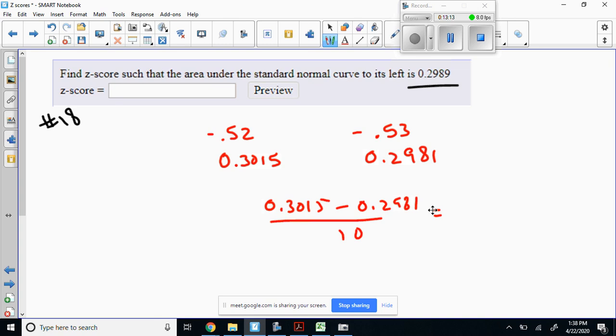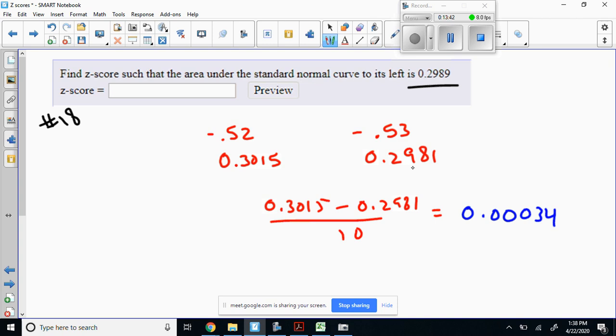Because I'm going to go down one to see if it's closer. And I still get the same thing. So each step is 0.00034, right?